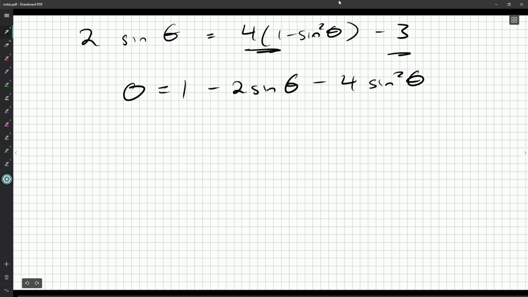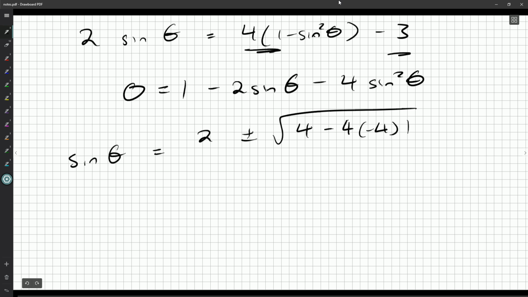And now we could do a little quadratic formula. So negative b plus or minus square root of b squared minus 4ac all over 2a. Negative 8 in the bottom there is a little weird, but okay, we'll go with it.